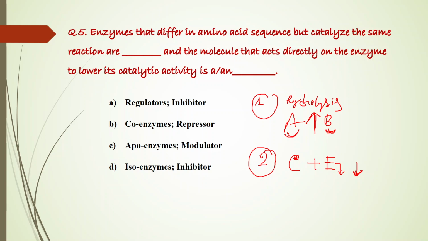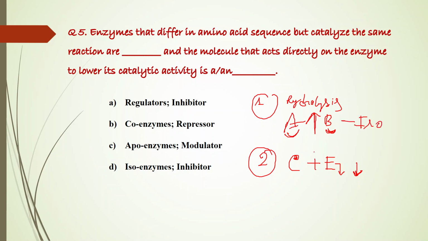But whenever two enzymes catalyze the same reaction, they are called isoenzymes. Why iso? Because although they are structurally or sequentially different, they are performing the same catalytic reaction. That's why in that case they are generally called isoenzymes.